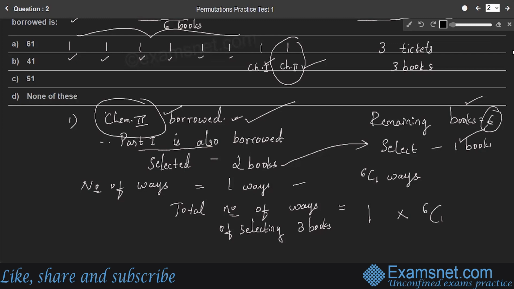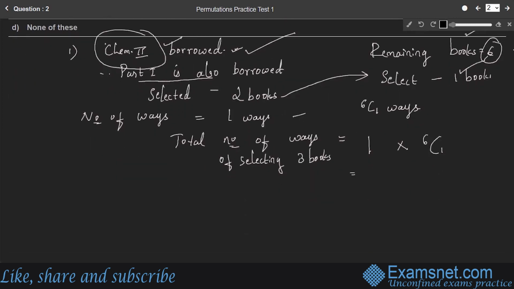So 6C1 is nothing but 6 ways. In 6 ways, the boy can select 3 books in which chemistry part 2 is included, right?